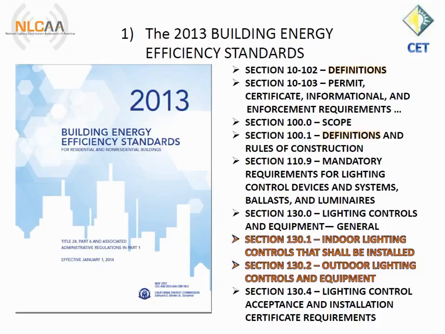And 130.4 is acceptance and install requirements. 130.5 is controlled receptacles, and 140.6 is power adjustment factors, and is a secondary sidelit control mandatory for automatic daylighting in a secondary sidelit zone on your project. In addition, we have 141.0 additions, alterations, and luminaire modifications in place.